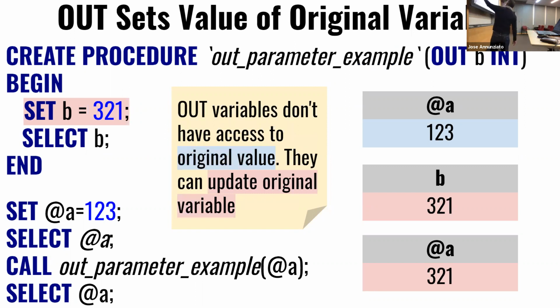If I do pass the value of a, the original value of b is ignored, but I can use it to generate an output. I can say b is equal to 321. So whatever you pass me, I'm modifying the value, and I get that value as an output of the stored procedure.